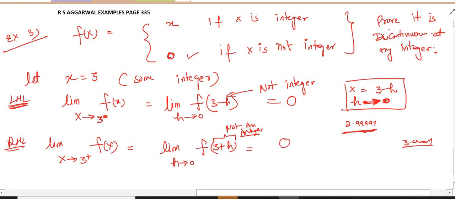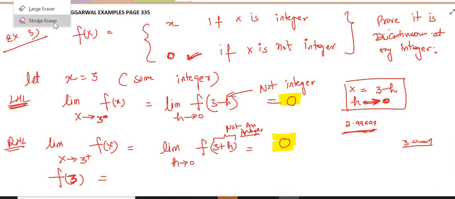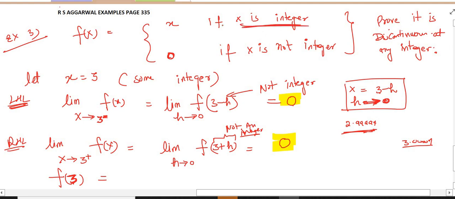So far LHL and RHL seem to be equal. Let's check the function value. The function value is f itself at 3. So at 3, 3 is an integer. So I should take this definition now, this one. This is an integer itself, so what will come out is x itself.